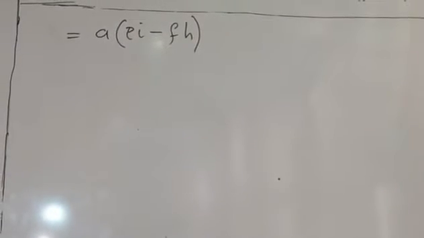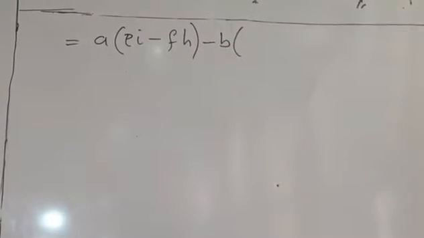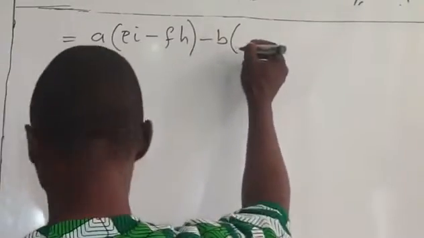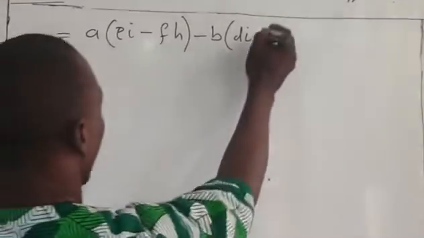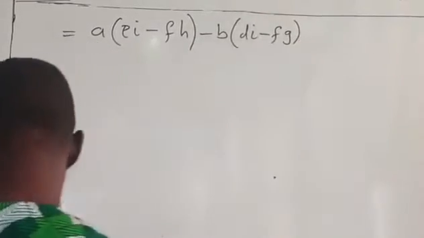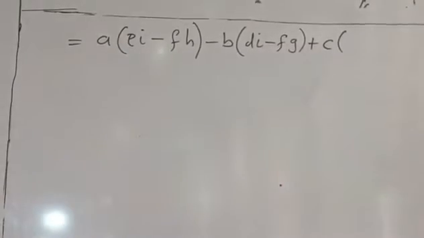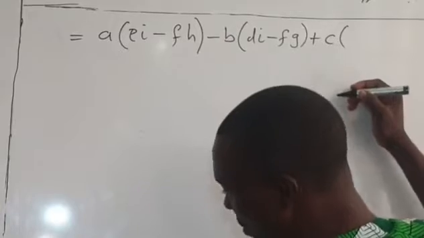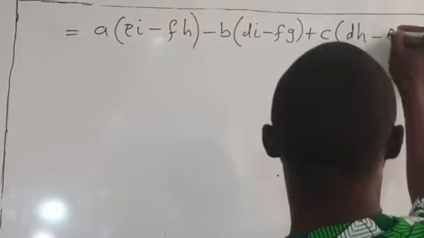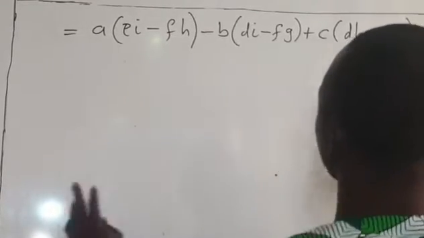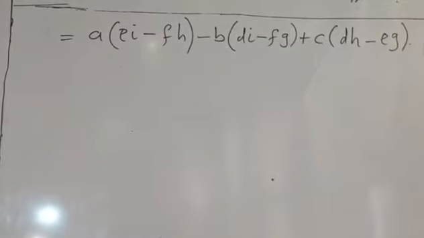Then the second one, minus B into D multiplied by I, that is the element in the principal diagonal, DI minus FG, then plus C into D multiplied by H, then minus E multiplied by G. So this is the simplification of determinant of 3 by 3 matrix.